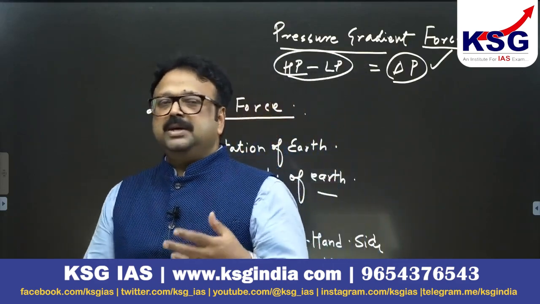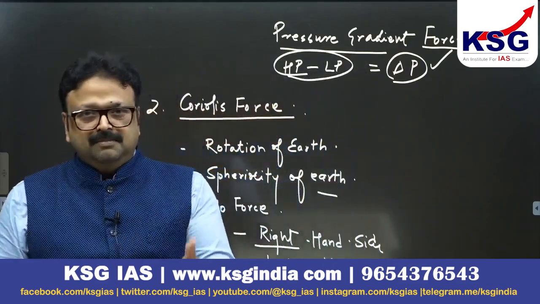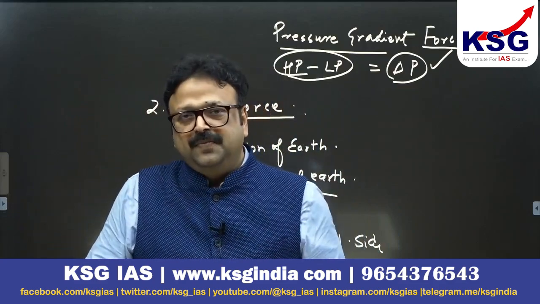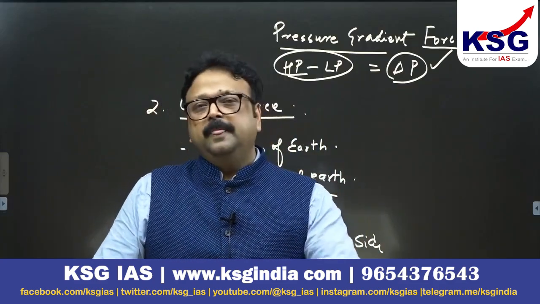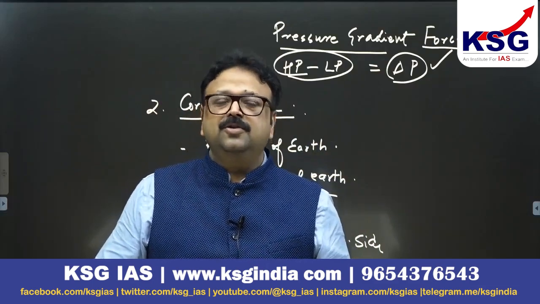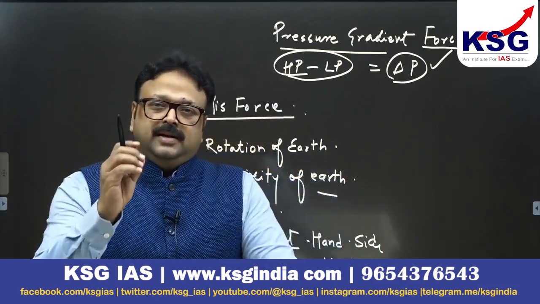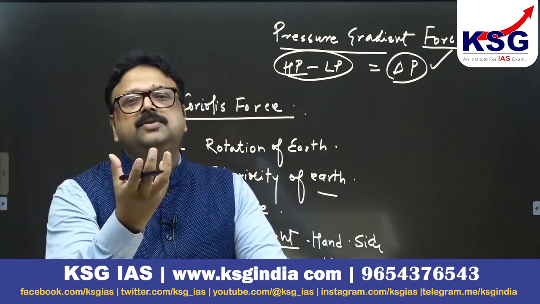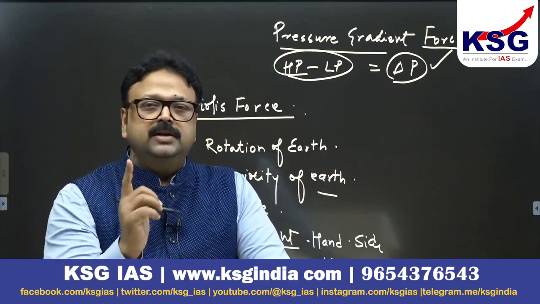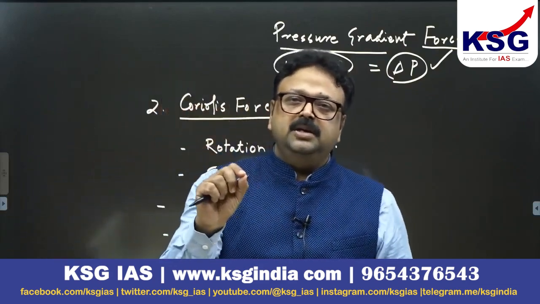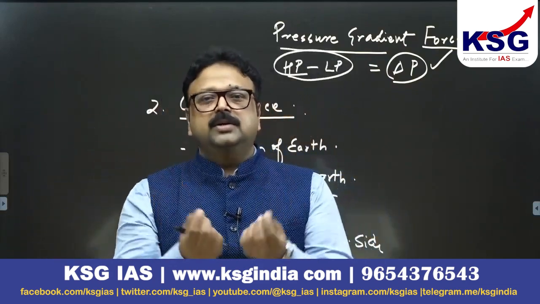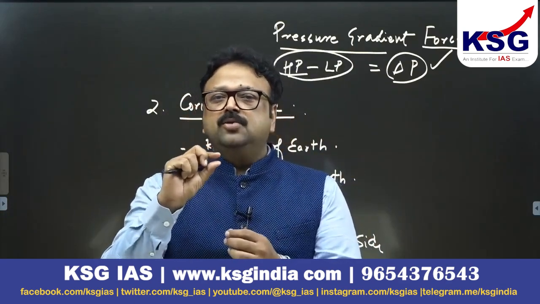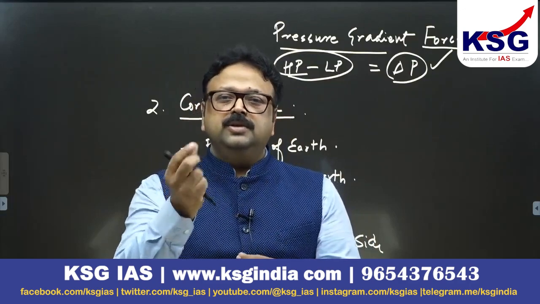That's why, being a geography student, my advice is to remember Ferrel's law, because once you go for the mathematical derivation, you have to take care of the different points on the earth's surface which are moving at different speeds, because rotation of earth is giving the highest speed to any point which is on the equator. And once we are moving towards the pole, the speed to cover that very periphery is going to be reduced.